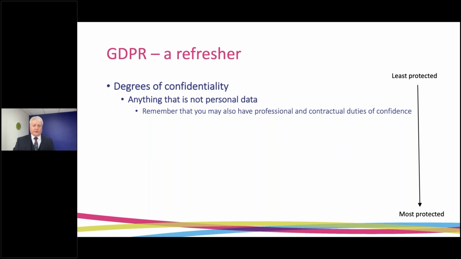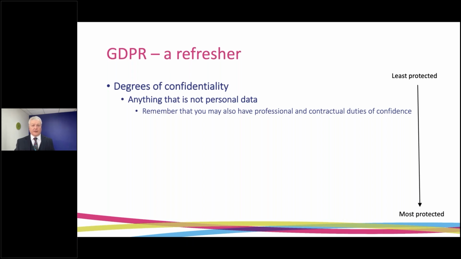There are degrees of confidentiality. GDPR protects some information, but not all information, and it protects some information more tightly than others. So these are the degrees of hierarchy. First of all, anything that is not personal data. Personal data is any information about any living human being.